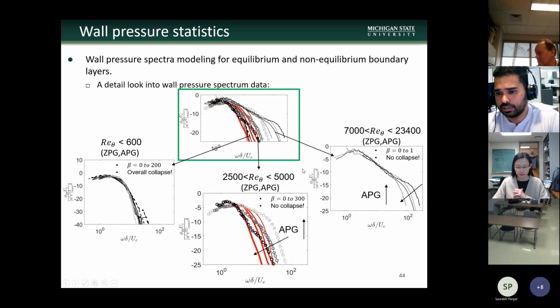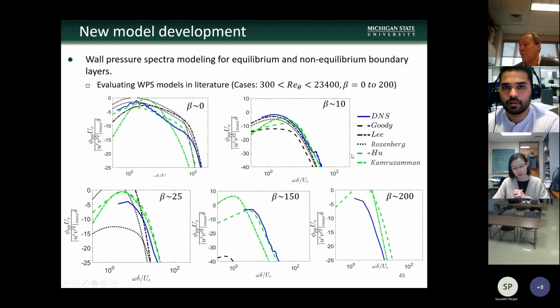For mid to high Reynolds number, you see that with adverse pressure gradient effects, the overlap range at the high frequency content basically decreases with an increase in adverse pressure gradient, right? That is one of the effects, and it is similarly seen at the high Reynolds number cases as well. So that is one of the important observations which will be helpful for the model development.